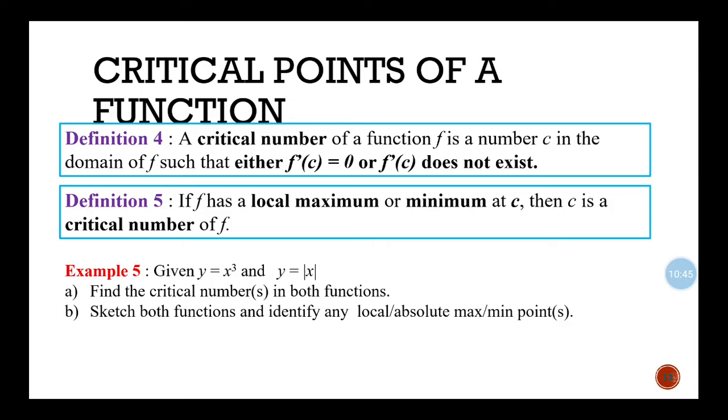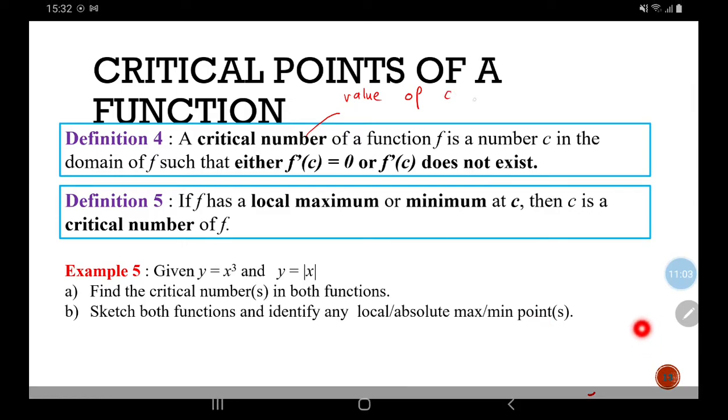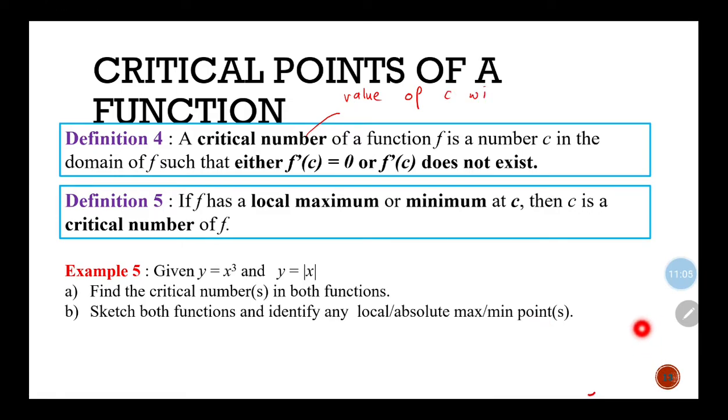Okay, what does it mean here? A critical number of function f is a number C in the domain of f such that, okay, I'll simplify it for you. The value of C, C is a critical number, right?